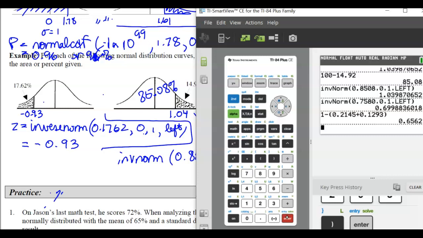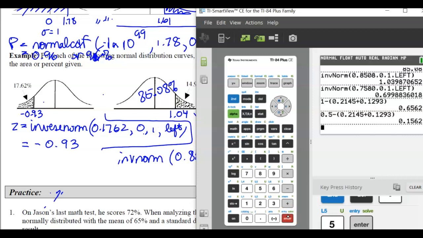Oh, sorry, not 1 minus, but 0.5 minus. Sorry, let's go back up here. Because it's just half, right? Half of the normal distribution. There we go. Okay, so here 0.5. So 0.1562. Guys, are you good? Quiet. Peace.